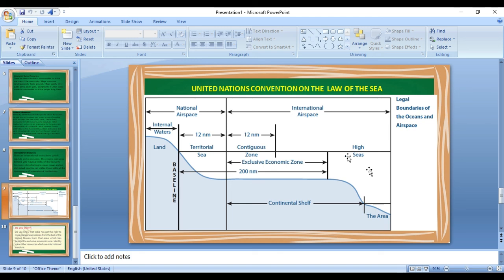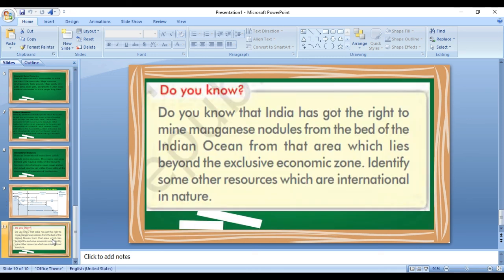If somebody at all wants to do so, they have to take permission from the UN. And being Indian, do we have any right over here? Yes, we have been given the right to extract manganese nodules from the area beyond the exclusive economic zone. So that has already come as one marker.